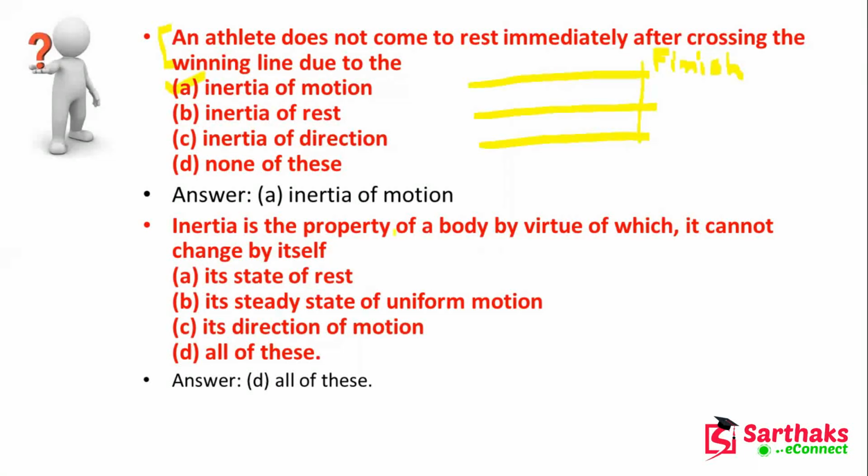Now, inertia is the property, obviously, if one object is in rest condition, then it resists the change of the state, that is the rest condition. If any body or object is in uniform motion, then it will resist that change of state, or it will resist the change of direction of motion. So the proper answer is all of the above.